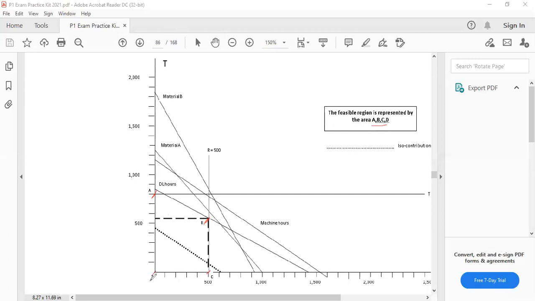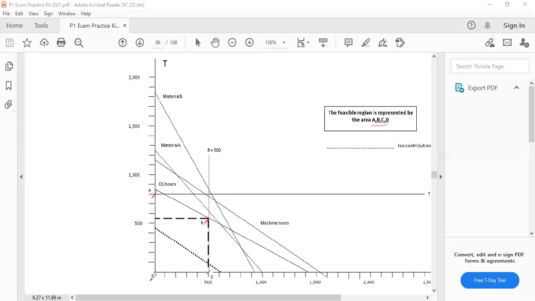After the feasible region is identified, the points of the feasible region are substituted in the objective function. Some objective function C equals something would be there. In the previous questions we had 4x1 plus 3x2 plus 2x3, something like that, as the objective function. So how can they maximize their contribution?